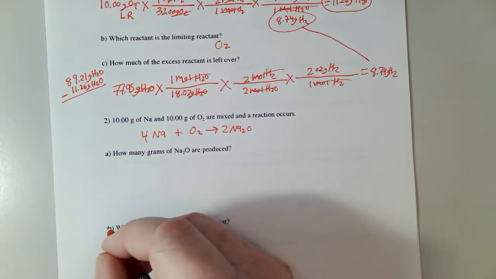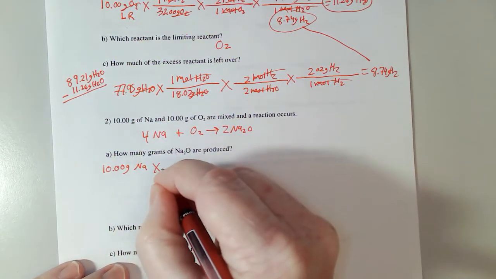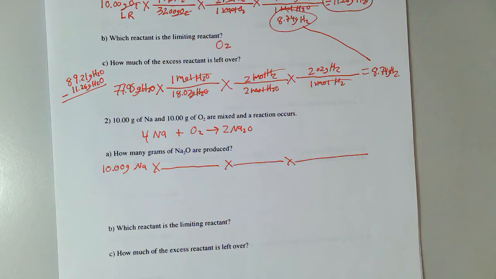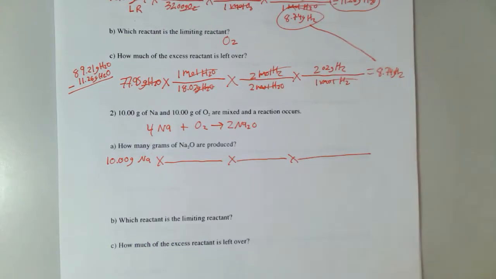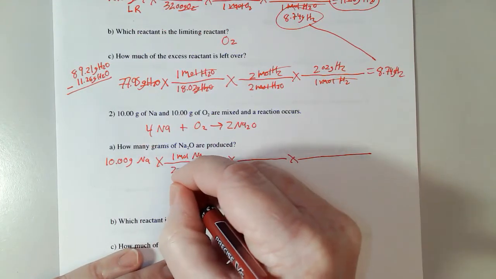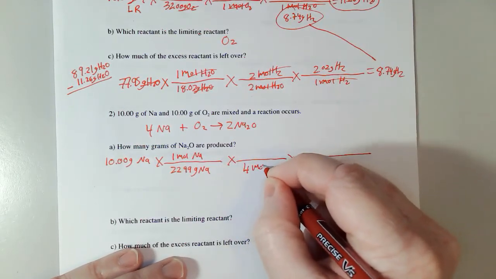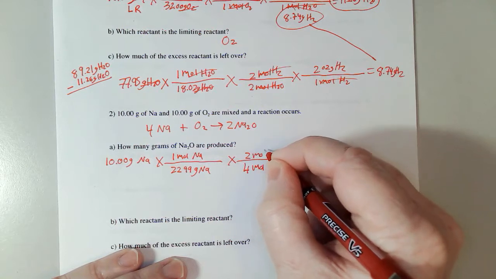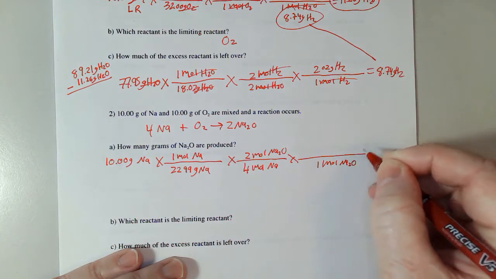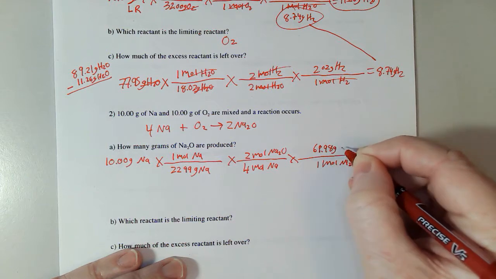So what I can do is I can say I have 10.00 grams of Na times, okay? Now, then I'll say 1 mole of sodium weighs 22.99 grams of sodium. 4 moles of sodium gives me 2 moles of Na2O, and 1 mole of Na2O is 61.98 grams Na2O.